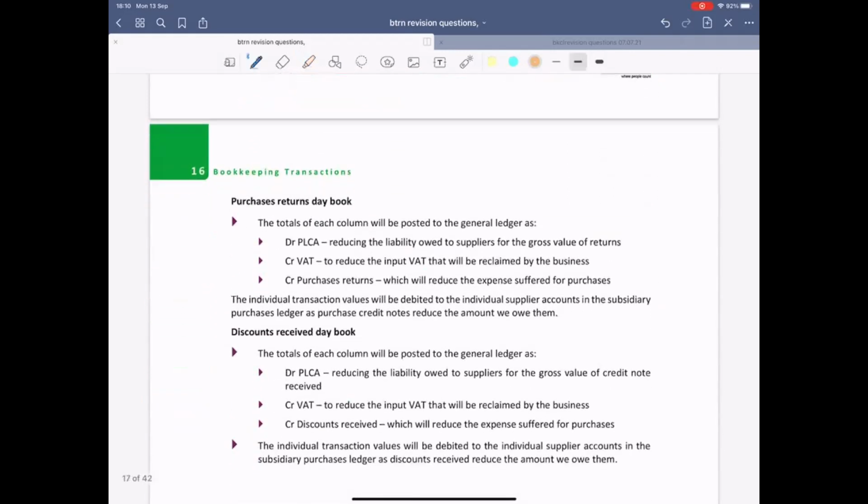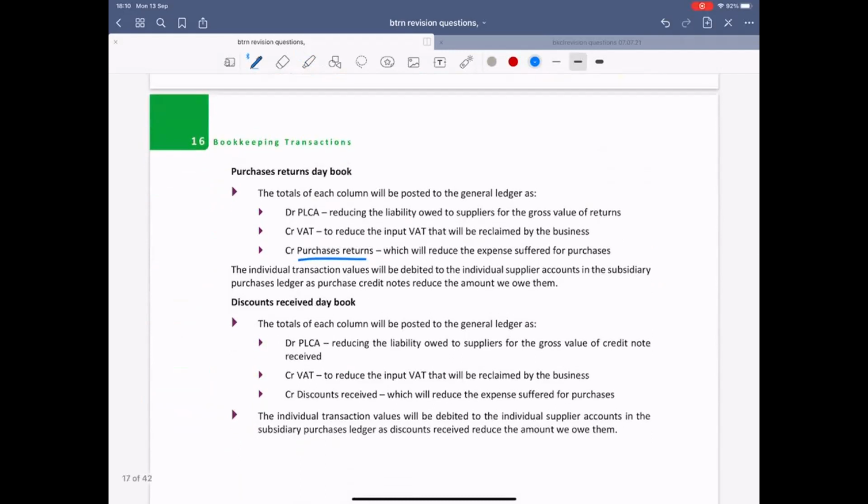If we therefore make a return, we're going to reverse out those transactions and we're going to introduce that purchase returns instead. So we'll debit our PLCA, reduce that liability. We don't owe them any money anymore if we're returning our goods to them. We therefore can't claim back the VAT. So we're going to credit the VAT account to counteract that initial input VAT that we tried to reclaim. And then we credit our purchase returns.